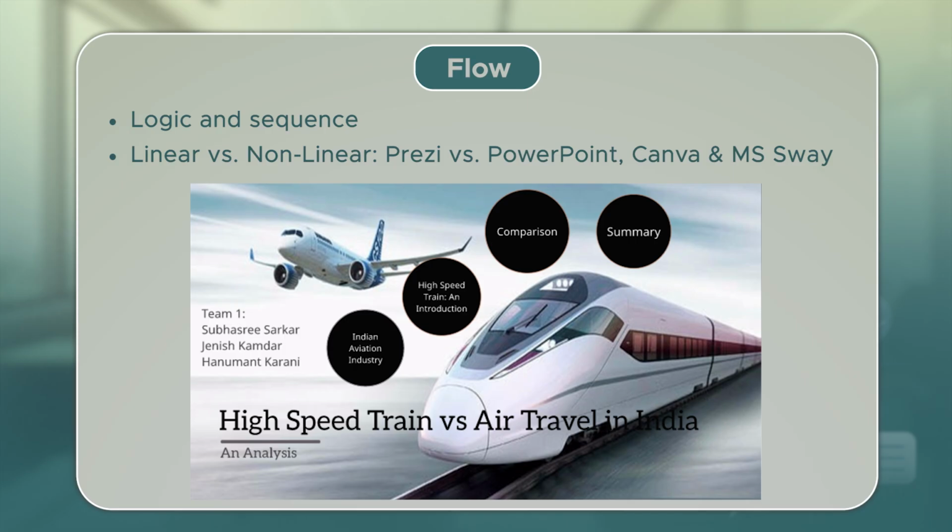So Canva allows you to, it's like a hub and spoke approach. So you start here, you click, and then you can come back, and then you can go to another one, and you come back, and you go to another one. So it gives you a non-linear approach. Whereas in PowerPoint, it's a sequential, chronologically linear approach to slides, okay? So look at, and the technology is only getting better and better and better. So think about what kind of an application would be useful, okay? And how the sequence of slides will flow.